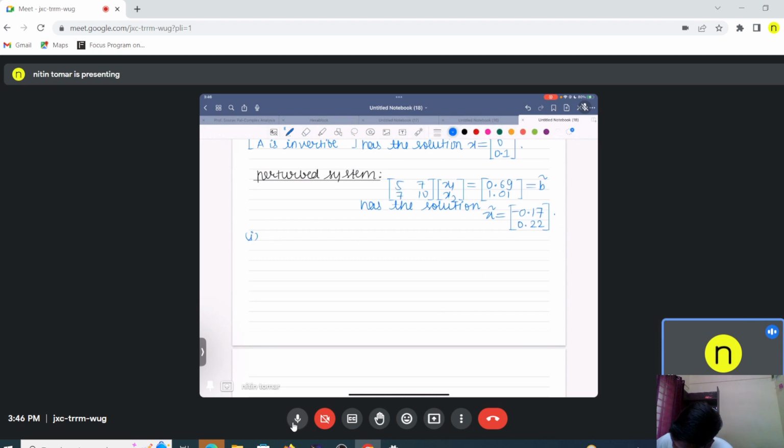So in this case, the easiest is to calculate the supremum matrix norm, subordinate to the supremum. So let us compute that.